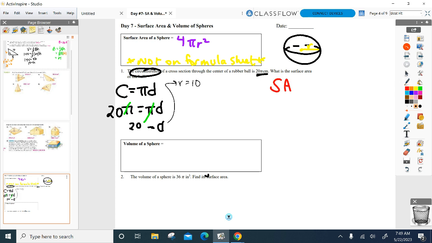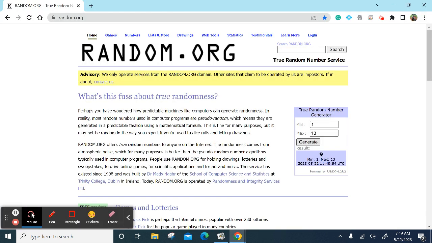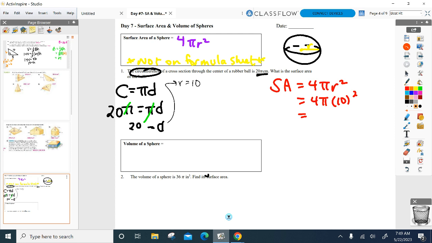So surface area, 4 pi r squared. Can we just leave it in terms of pi, so we don't have to really go to the calculator, I hope. So 4 pi 10 squared. Just let's leave this in terms of pi. All right, leave it in terms of pi for me. 400 pi.